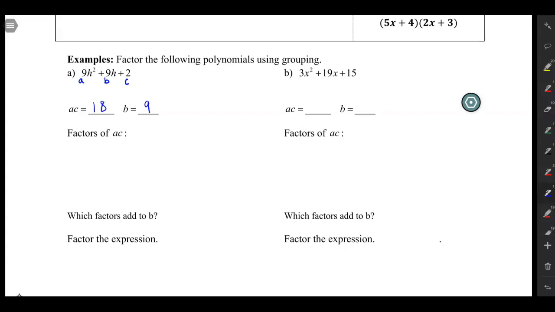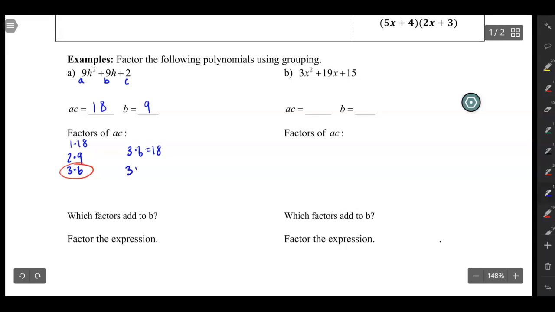So down here, I'm going to list all the factors of ac, every pair of numbers that I can multiply together to get 18. Okay, so in this case, I have 3 pairs. And then I'm thinking, which of those 3 pairs, if I were to add the numbers together, would add up to give me 9? And 3 and 6 works. The key here is that 3 times 6 is equal to 18, and 3 plus 6 is equal to 9. Okay, so those are the factors that I'm going to use, 3 and 6.